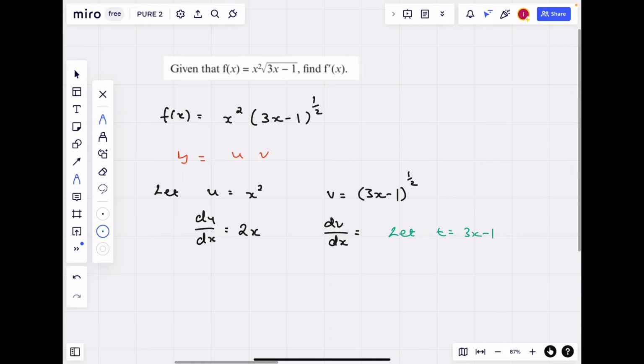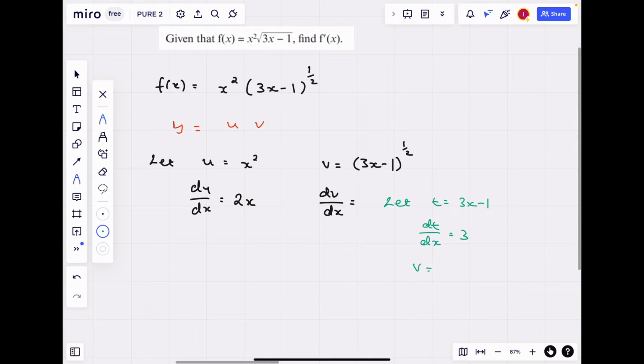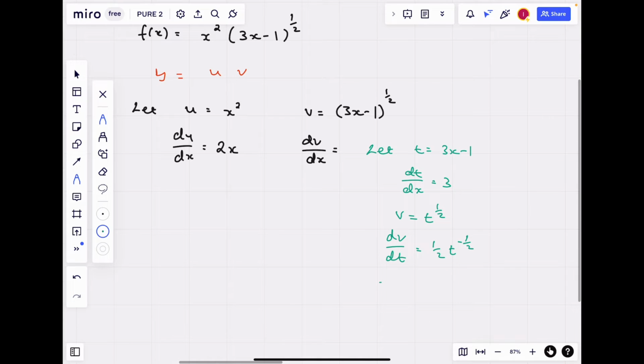So dt by dx would just be 3. And then v would equal t to the power of a half. So dv by dt would be a half t to the minus a half. And now we're just timesing it together.